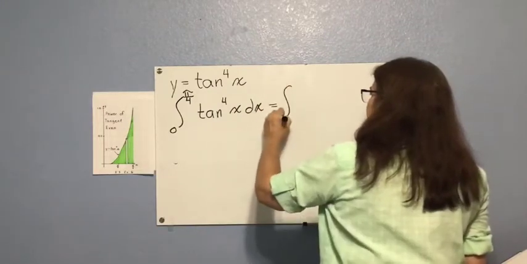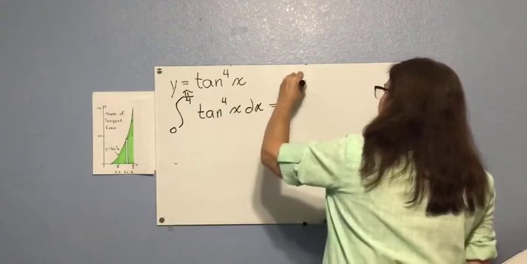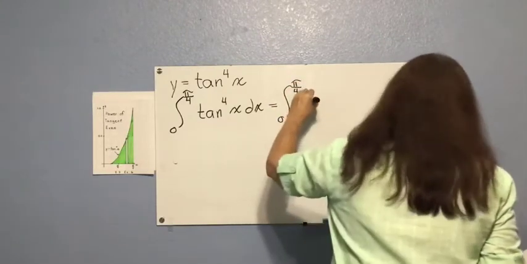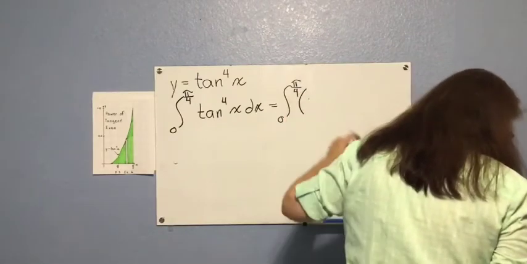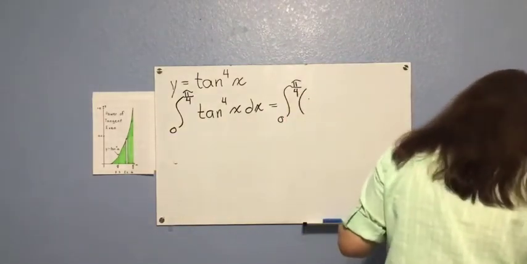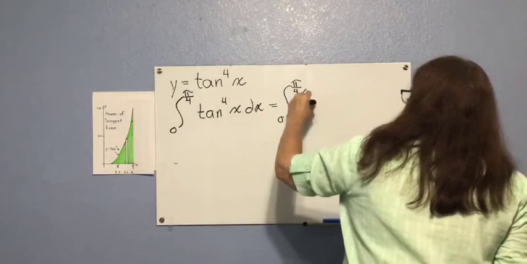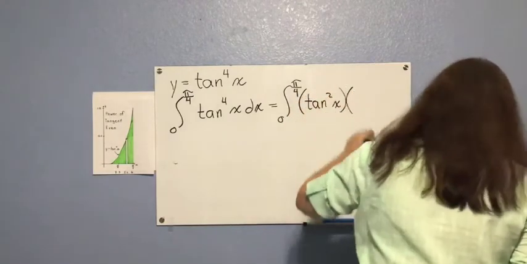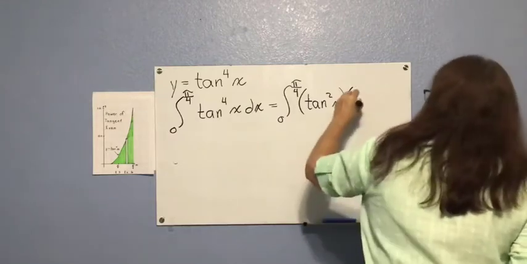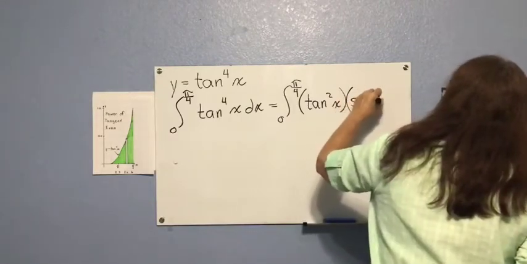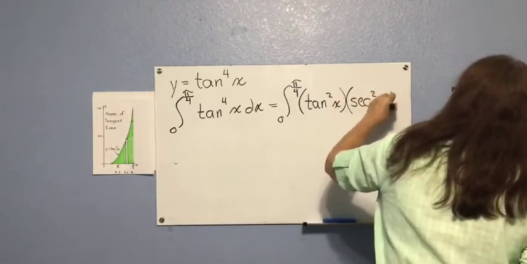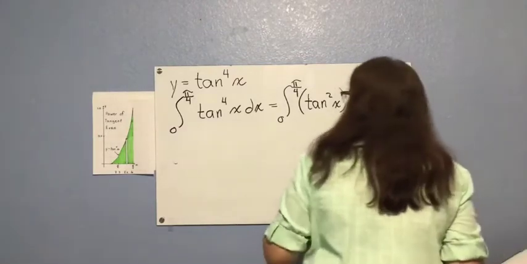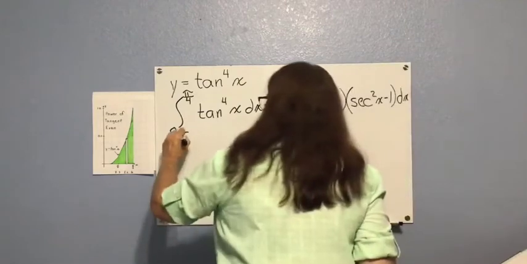This gives me the integral from 0 to pi over 4 of tangent squared x times secant squared x minus 1 dx.